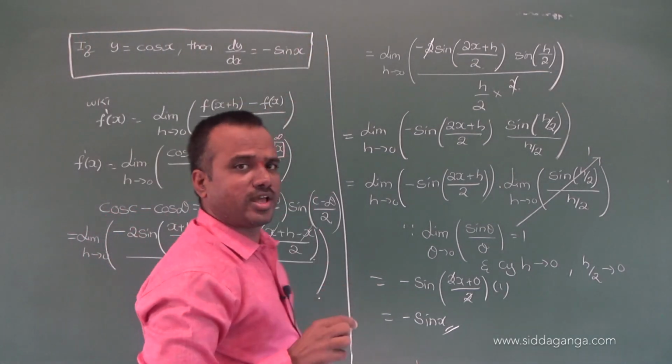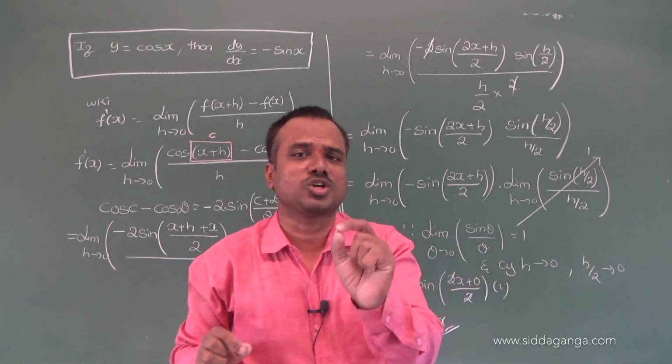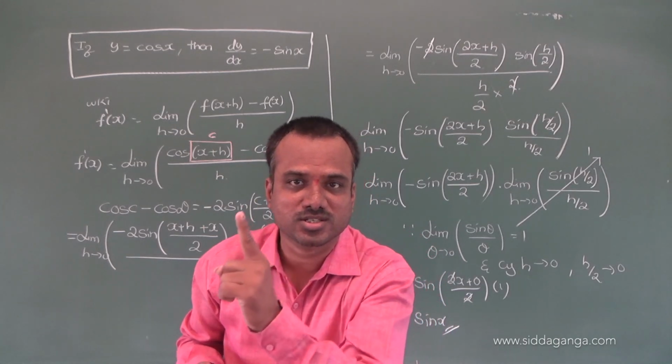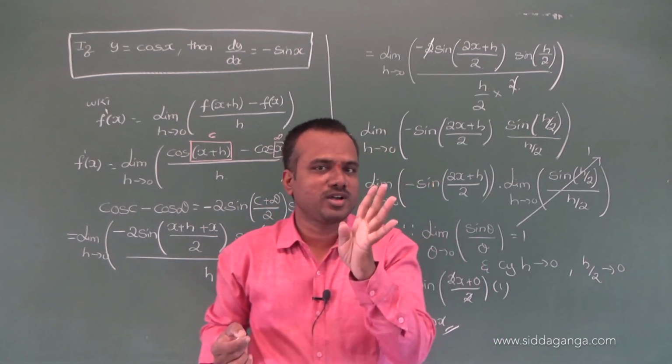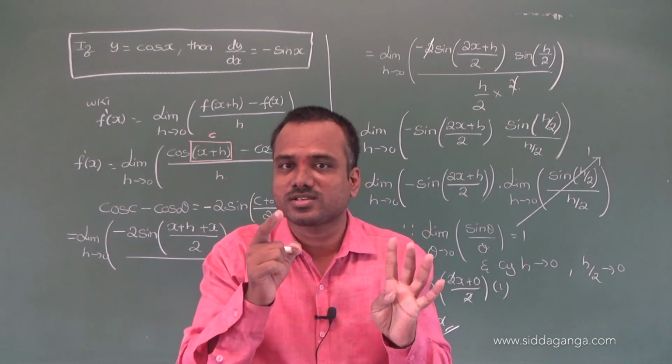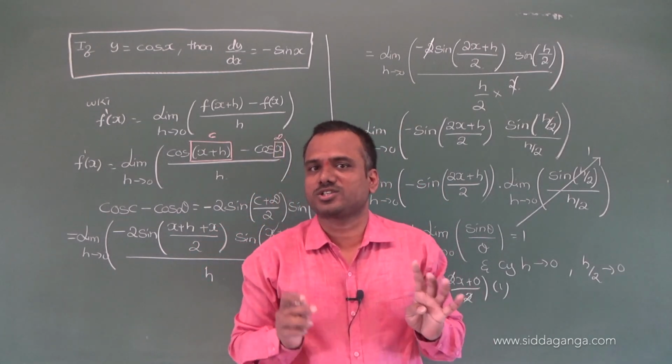Second formula, the derivative of cos x is minus sin x. First formula, the derivative of sin x is cos x, correct?